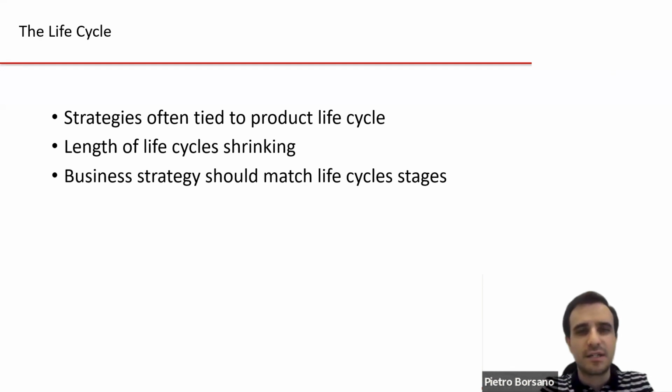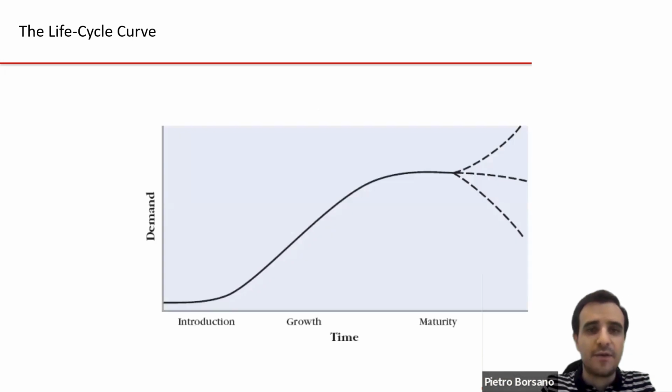So this is a stark difference between the life cycle of people and the life cycle of products. The consequence, as I mentioned, is we always need to find the right match between the life cycle and the appropriate business strategy.